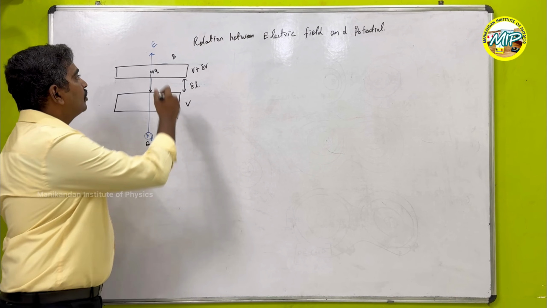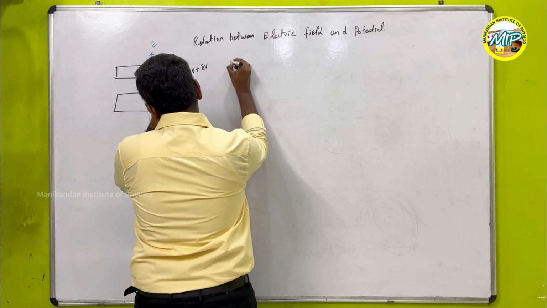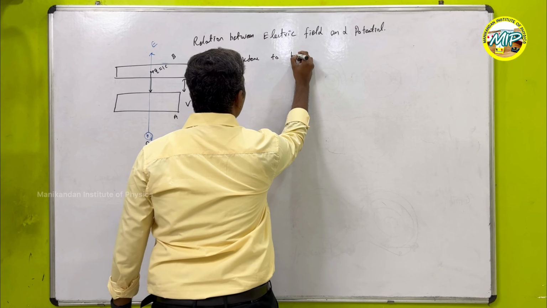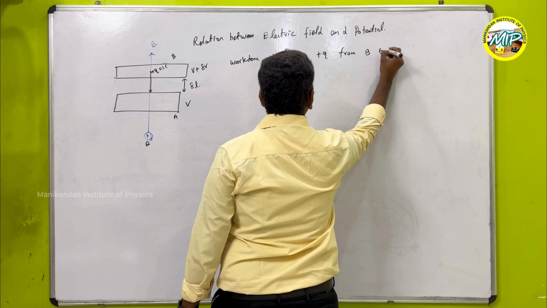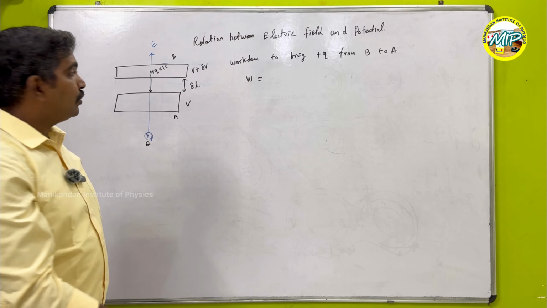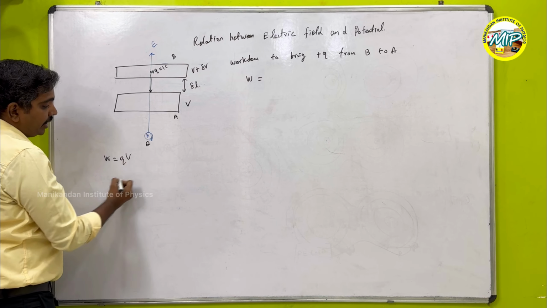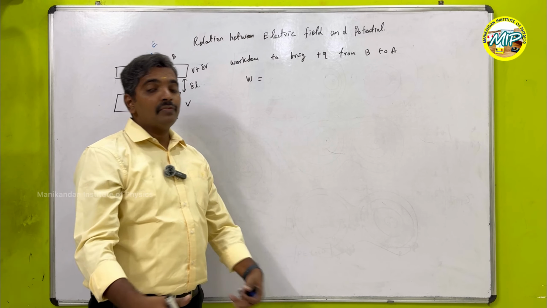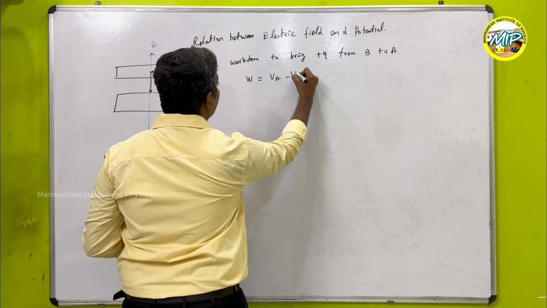So now the work done required to bring my unit positive charge, 1 coulomb, from here to here. I can simply write the work done to bring plus Q from B to A equals the potential difference between two points. Since W is equal to Q into V, and my Q is 1, W equals V. So V is nothing but the potential difference between these two limits: potential VA, final, minus initial.